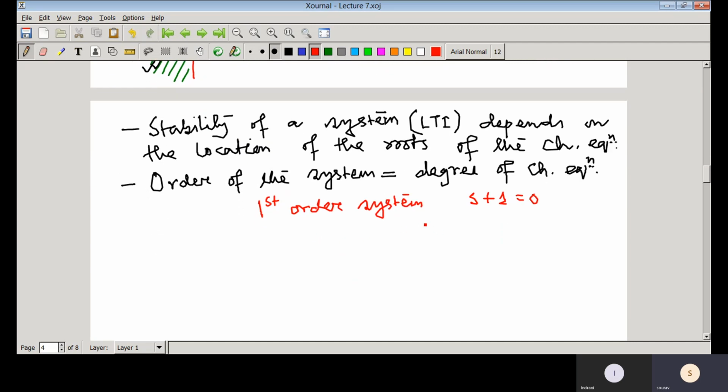The transfer function of a first order system is, say, G(s) = 2/(s+1), or another one, G2(s) = (s+2)/(s+3). The first is a strictly proper plant and the second is a proper, or biproper, plant.